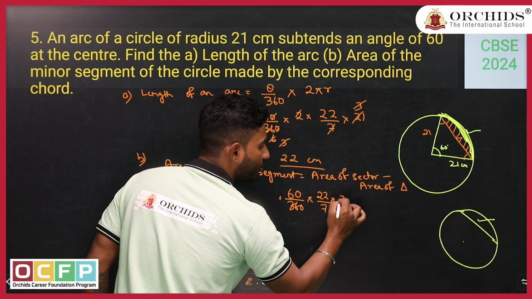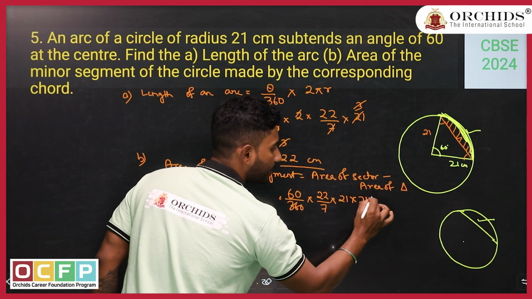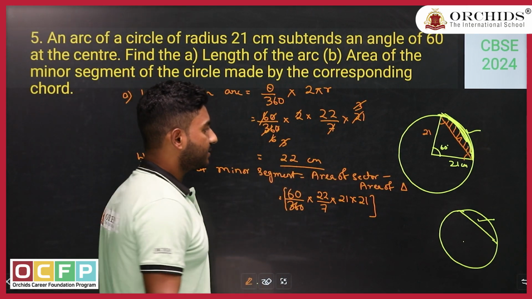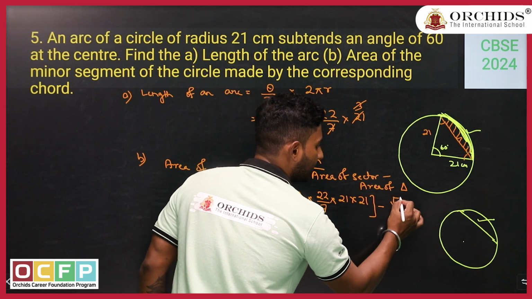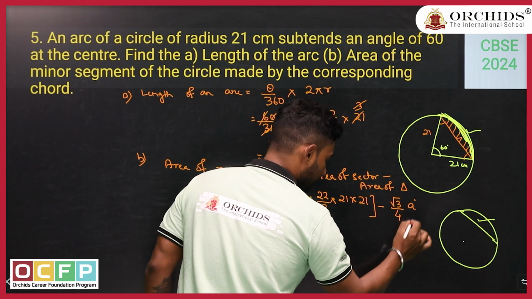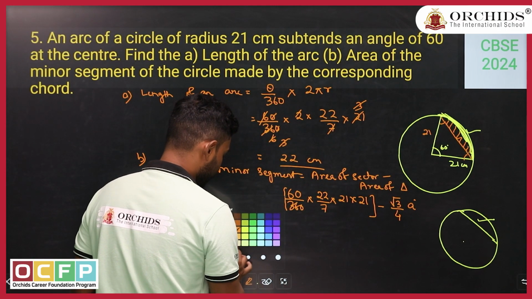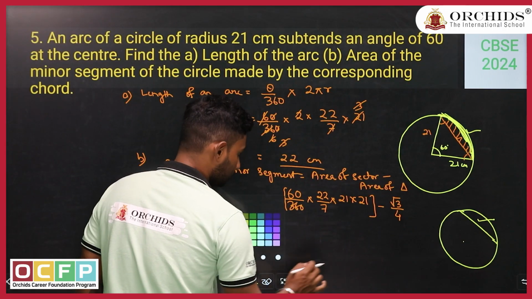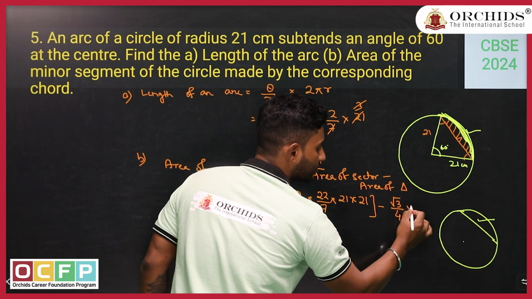What is r square? 21 into 21. So this is area of the sector minus area of the triangle. Triangle area is root 3 by 4 a square. What is a square? Or what is the side? The side is 21 square.